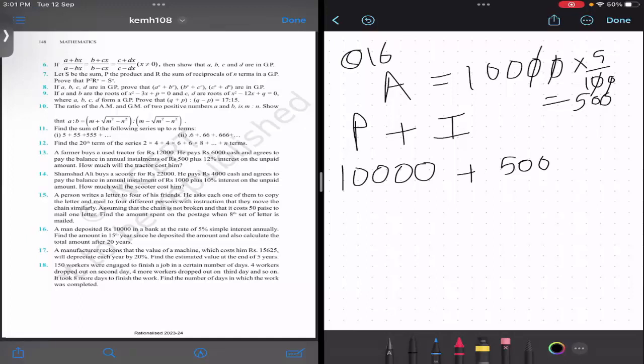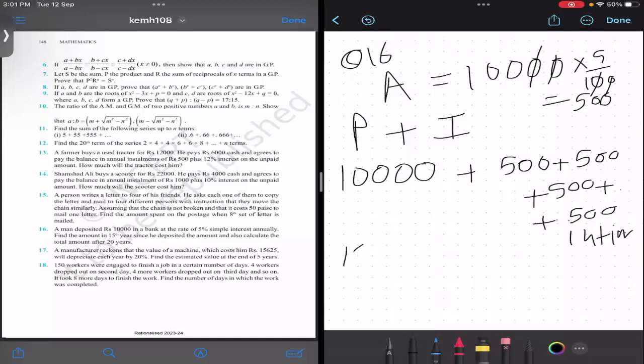So the interest calculated every year is 500 plus 500 plus 500, and this will add up until 14 times. Now, why 14 times and not 15 times? Because we have been asked to calculate the amount at the 15th year, right?